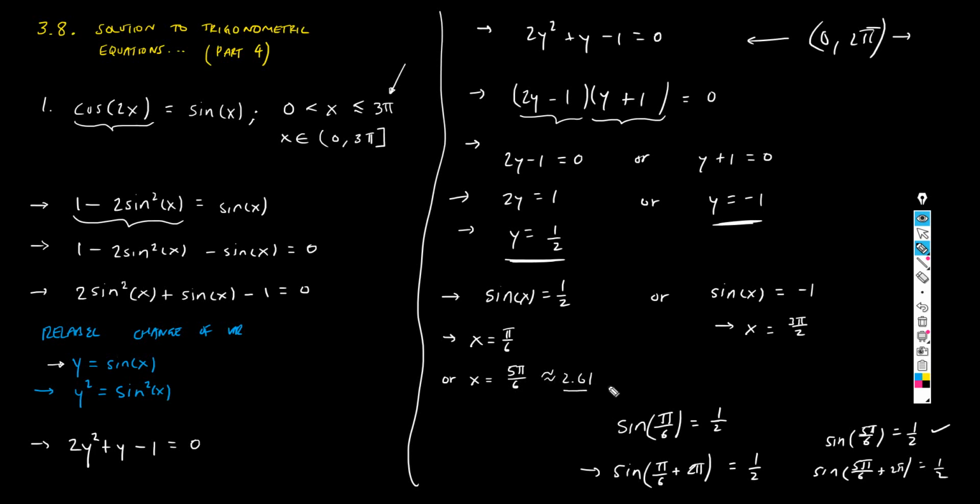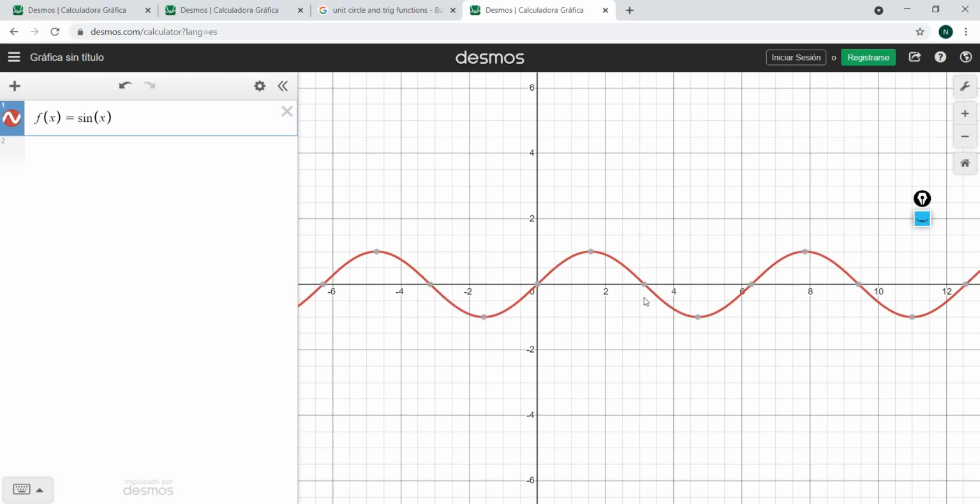For this value, we should also have that sine of this value is 1/2. So let's see. This is 1/2 again. As you can see, this is difficult. We get 2.63 approximately.